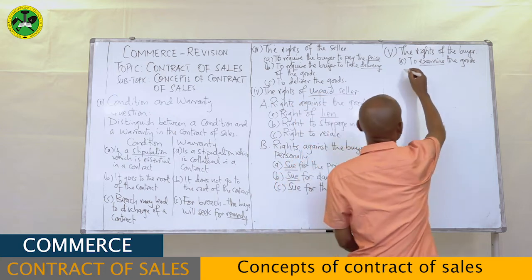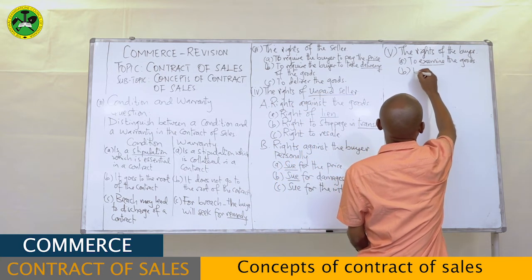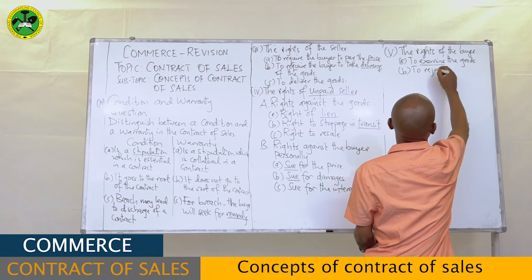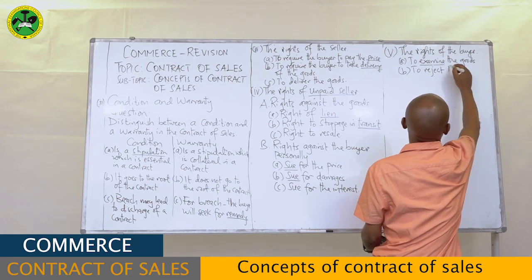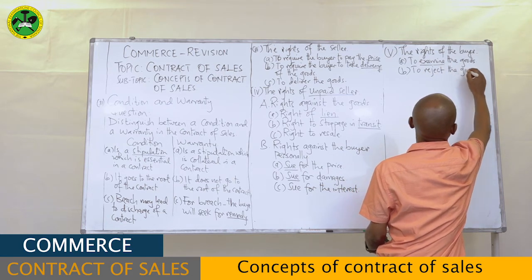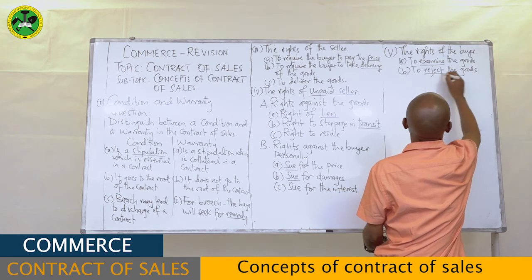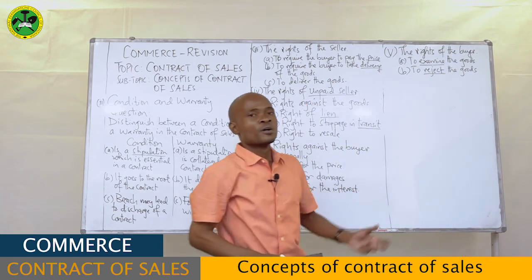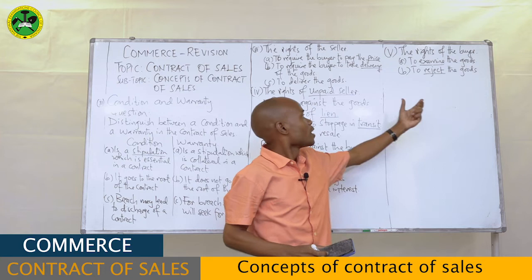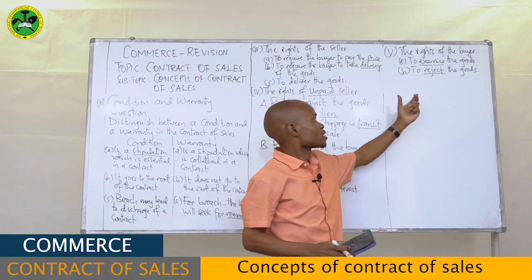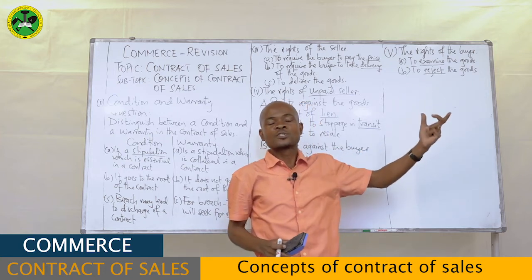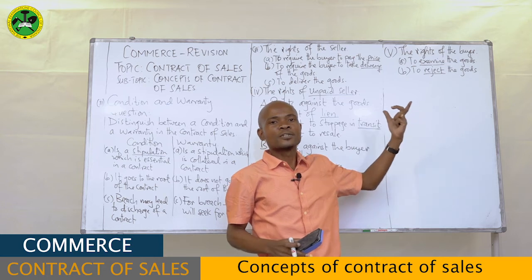Number 2, to reject the goods. Here the buyer also has got the right to reject the goods if the goods have got some defects.